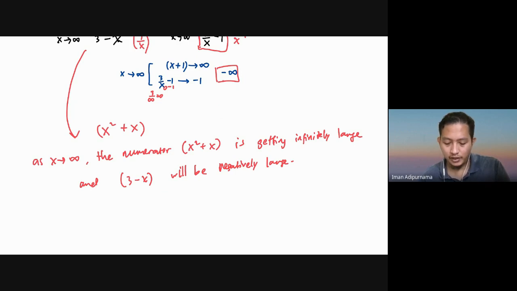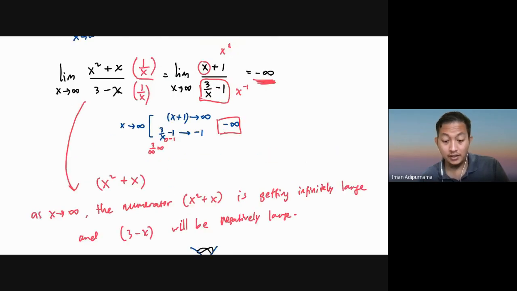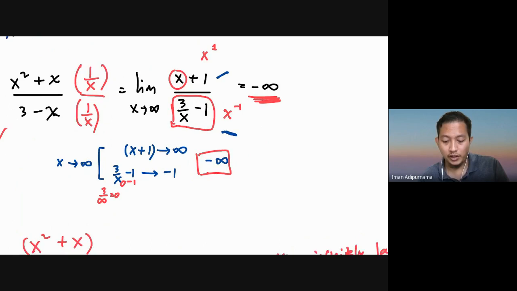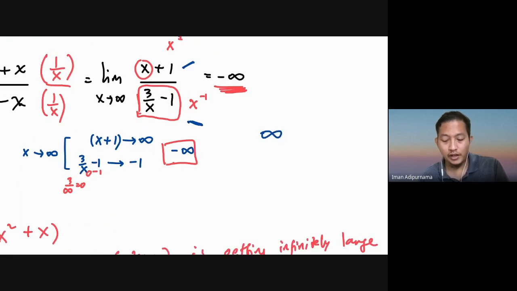But then you have this, and this is something that we need to avoid. So it's better if you can at least simplify the numerator or denominator, and show that when you have something infinitely large, whenever it is divided by -1 or multiplied with -1, this will turn into a negative large number.